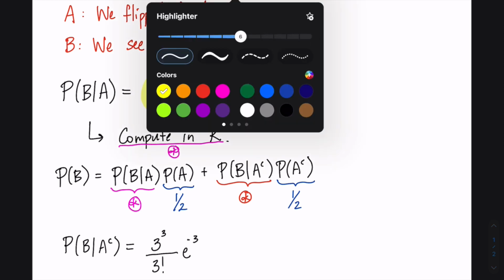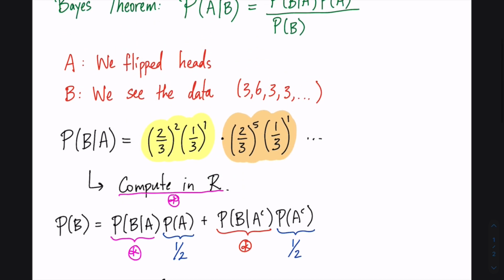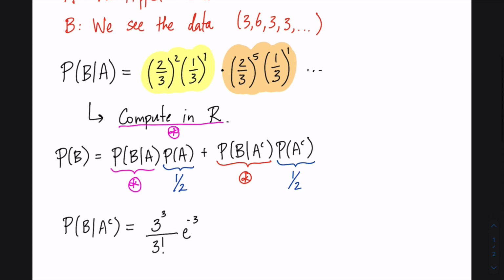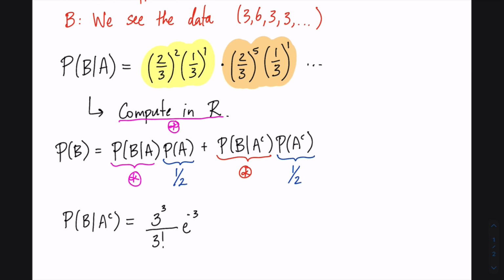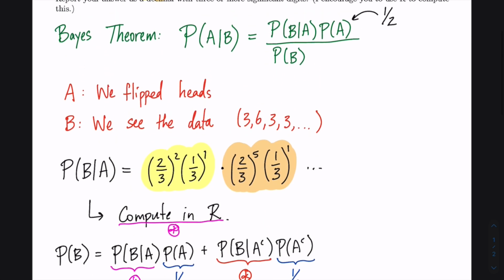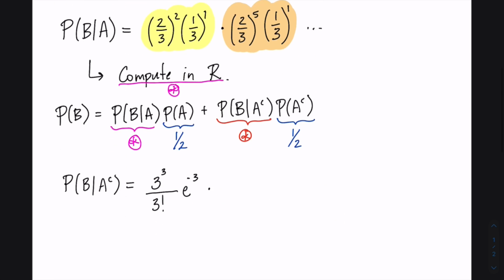So the 3's that we care about, well, let's actually just illustrate it on the next one. Times, now on the next one we get 6. So this is going to be lambda to the power of 6 divided by 6 factorial times e to the minus lambda.